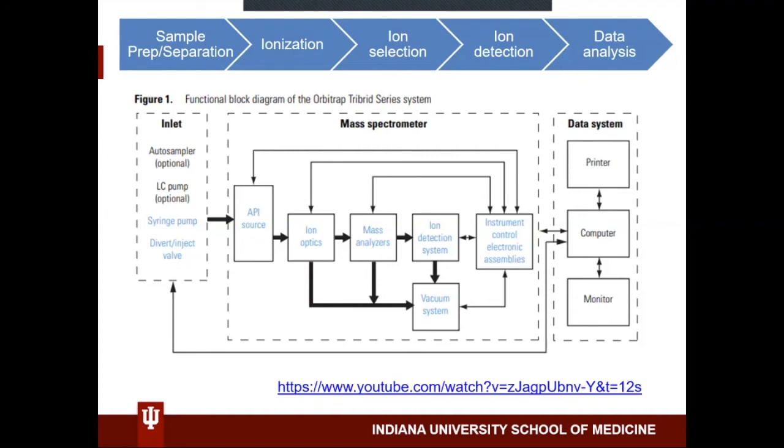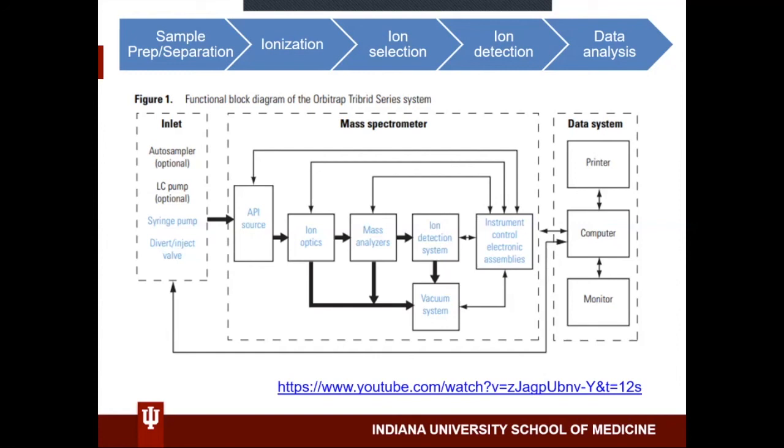That loosely lines up with this example of a Thermo Fisher instrument that we use down in the core, where we have a liquid chromatography setup prior to the mass spectrometer, which is under high vacuum, and you have a source of some sort, which we'll talk about, ion optics, ion analyzers, and detection, and then the computer and entire system that we use to do the data analysis of the output raw files from the mass spectrometer.